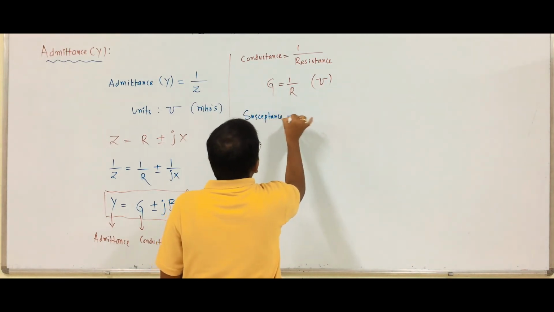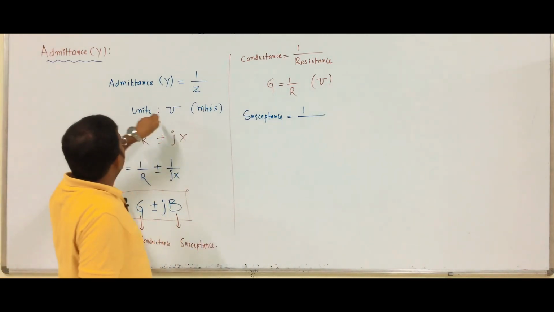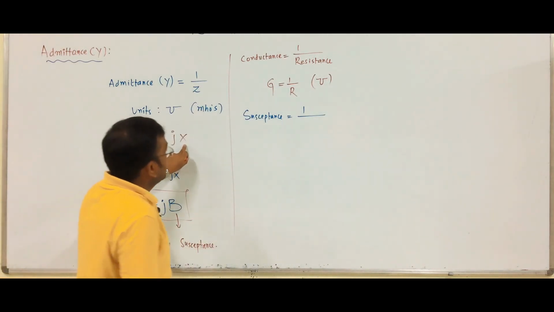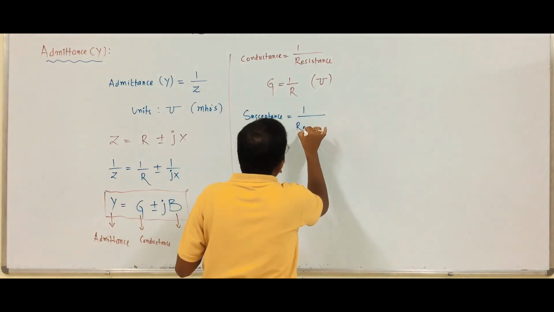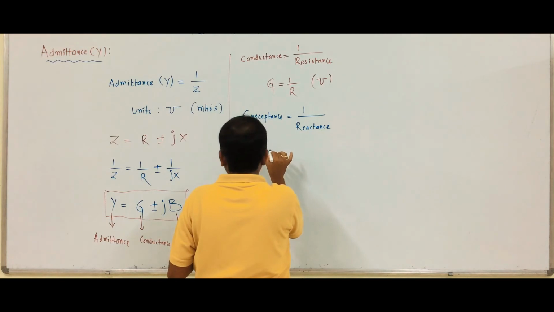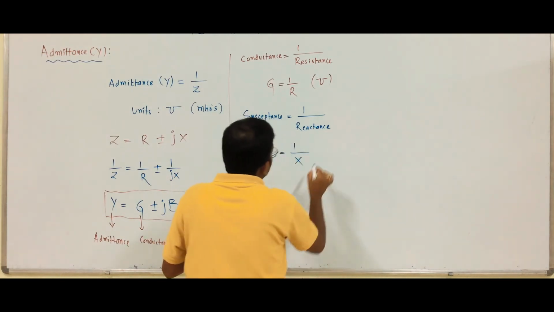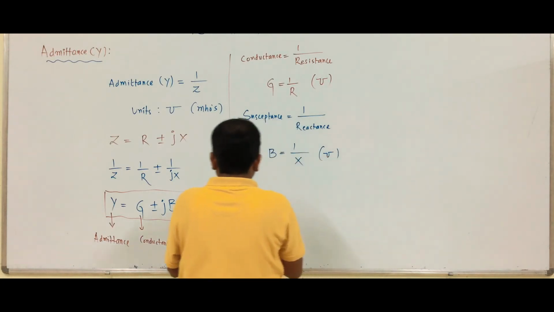Susceptance is nothing but what? In case of impedance we have reactance. So, it is the reciprocal of reactance, represented with B, units are mhos.